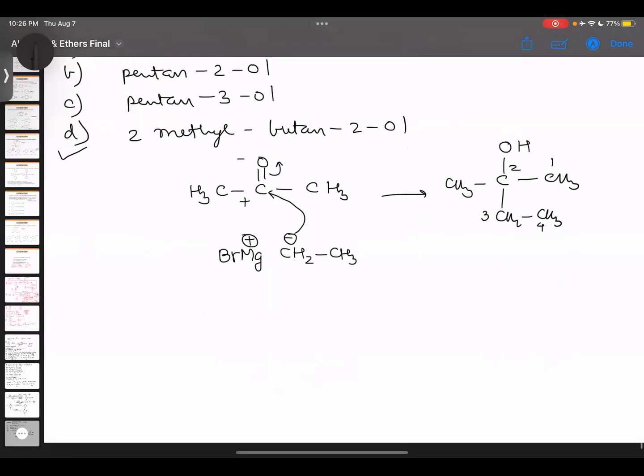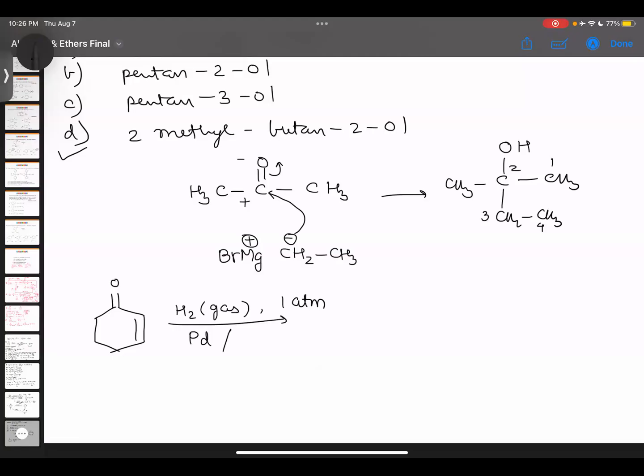Okay, this is related to the catalytic hydrogenation reaction. A little bit of knowledge is required. H2 gas they have taken, and the pressure which they have taken is 1 atmosphere. Means they have taken a catalyst. Catalytic hydrogenation reaction, palladium carbon.